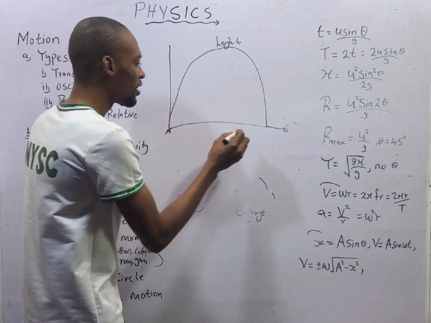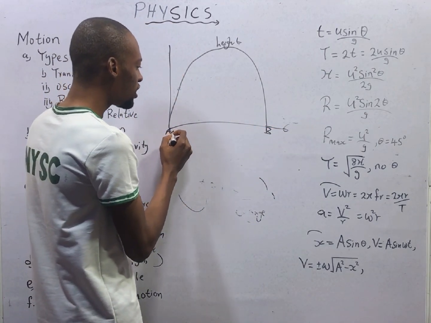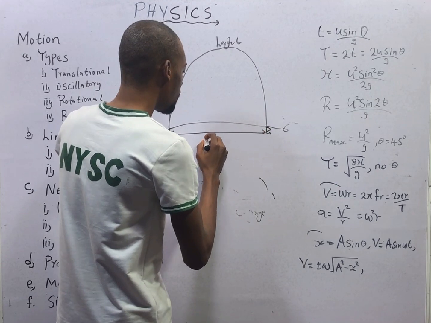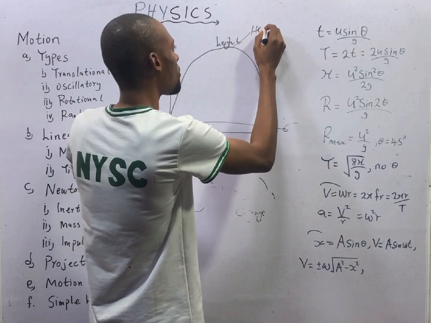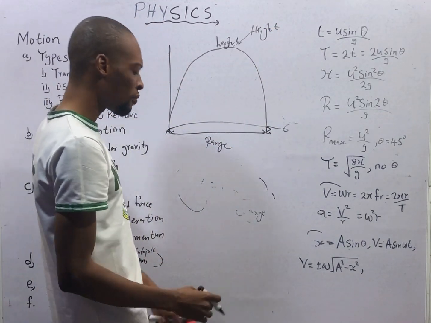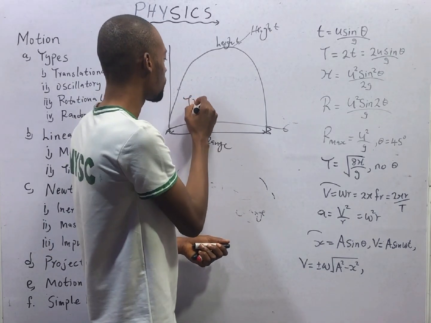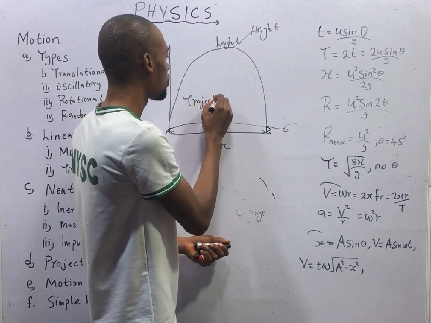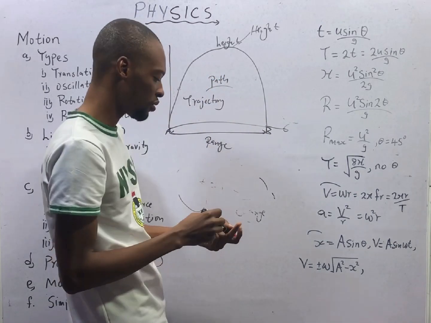It starts from here and it ends here. So this beginning to the end is referred to as the range, and here is the maximum height. The path taken by a projectile motion is referred to as trajectory. That is the path the projectile takes.